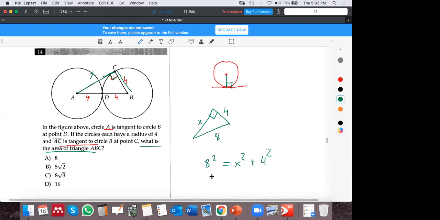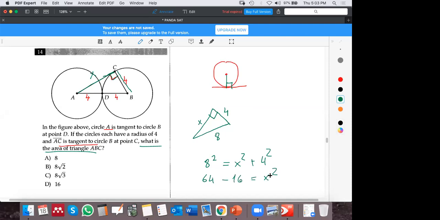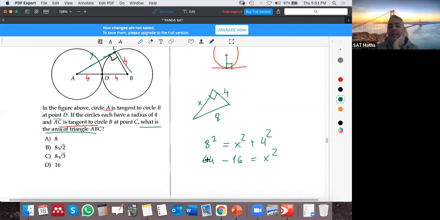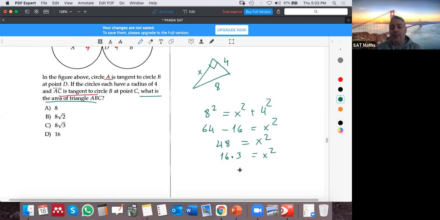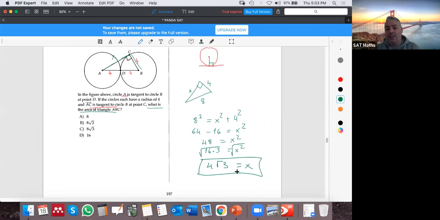Is this okay for all of you? Check it. And then 64 minus 16 is x squared, and then 48. And then 48 means 16 times 3 is x squared. And then 4 root 3 is x, 4 times square root of 3. Check the calculations if you wish.